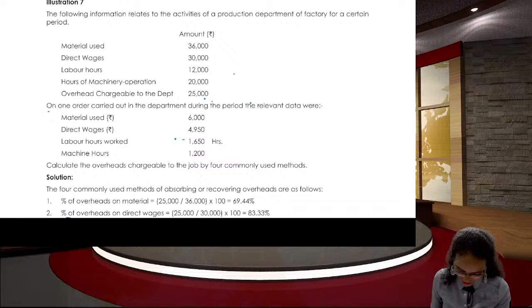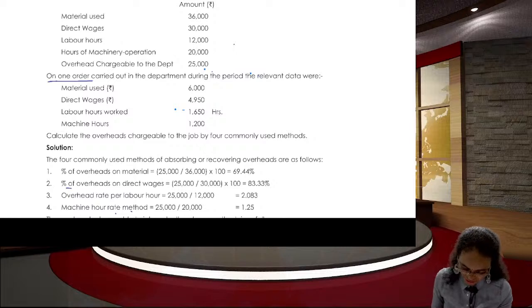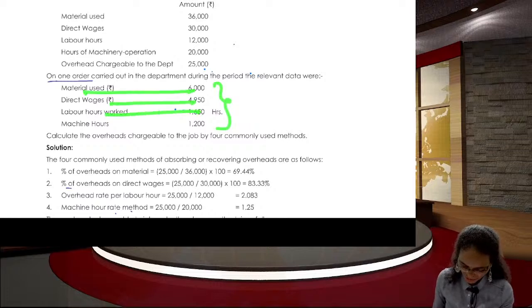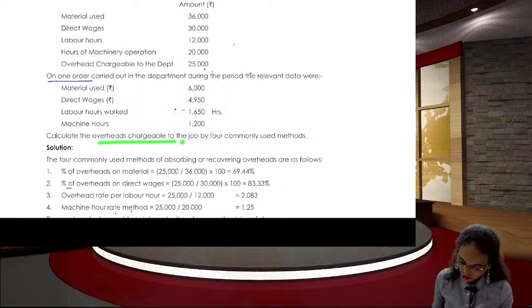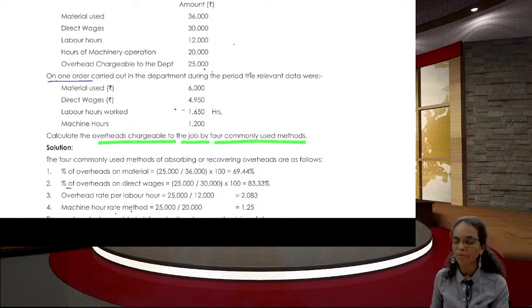Next, one order carried out in the department during the period, the relevant data are given. For one particular order, this is the expenditure incurred, that is the material used, wages, labor hours worked, machine hours. Calculate the overhead chargeable to the job by 4 commonly used methods.